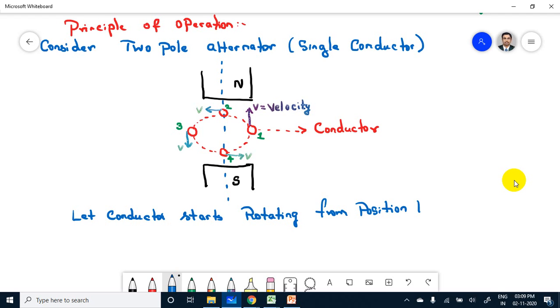This is my position 1. When the conductor starts moving from position 1, the EMF will be a sinusoidal wave against time. This is the induced EMF.